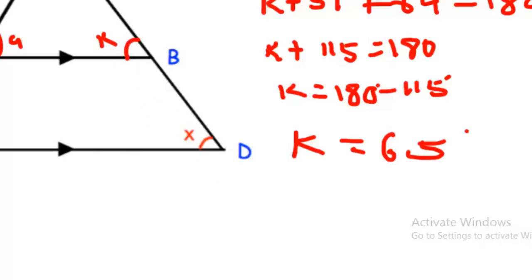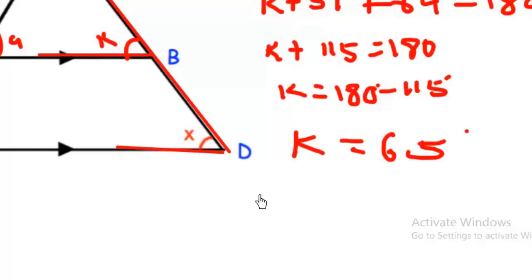But we know that X and K are corresponding angles. Why? Because AB is parallel to CD, and this is an F pattern. So always look out for the F pattern. Corresponding angles are equal, so X and K are equal.